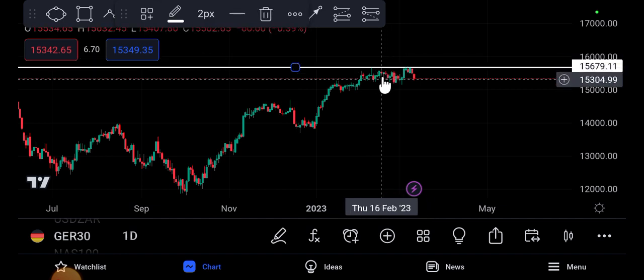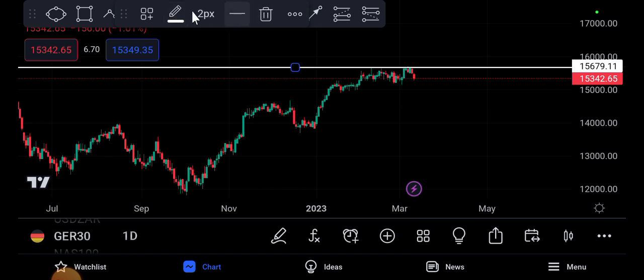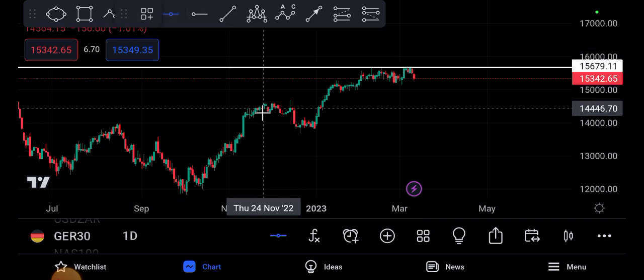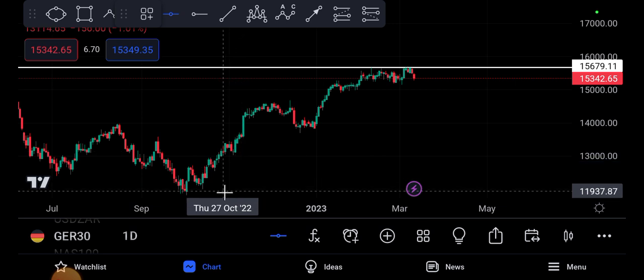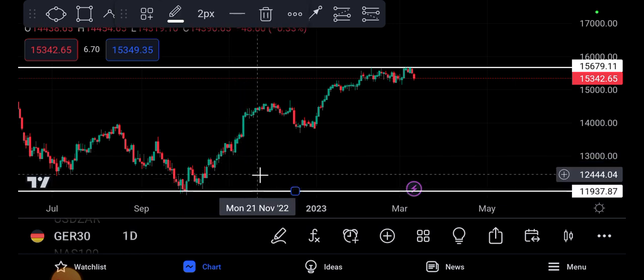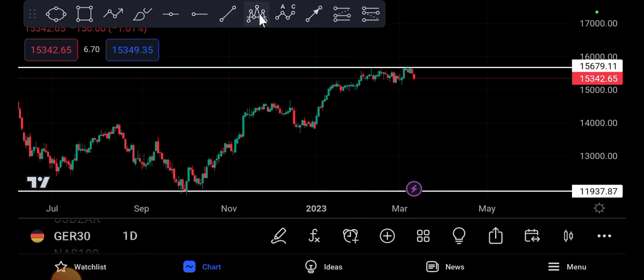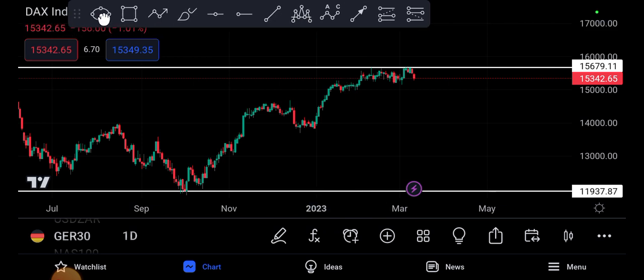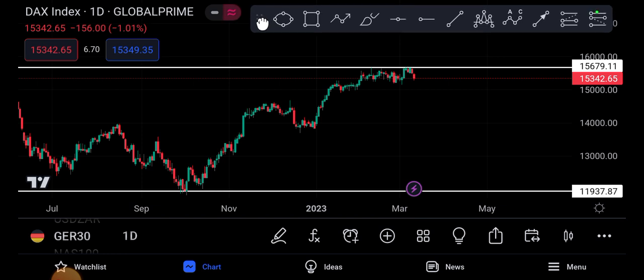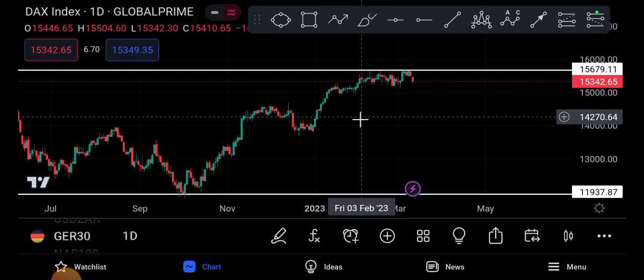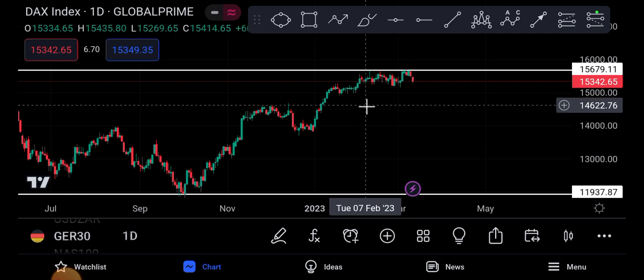This is the highest point, by the way, and this right here is the lowest point, right, guys? So when we do it like that, it's a bit simple and easy for us to understand exactly what is going to be happening.